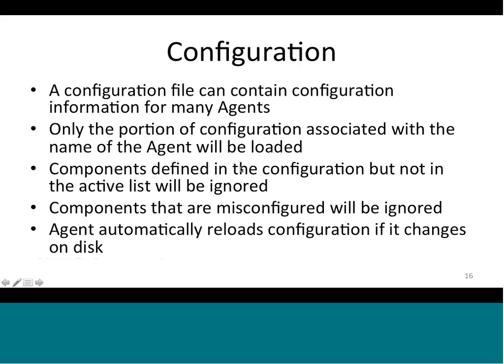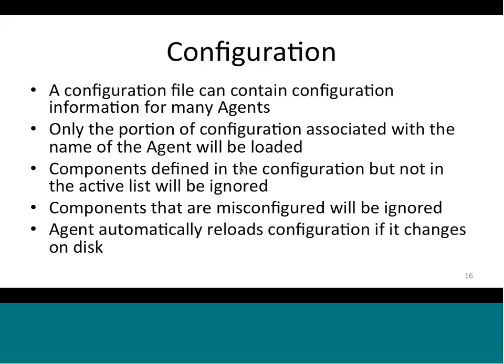So in such a way, one configuration file can contain configuration information for many agents. Only the portion of configuration associated with the name of the agent will be loaded by that agent.